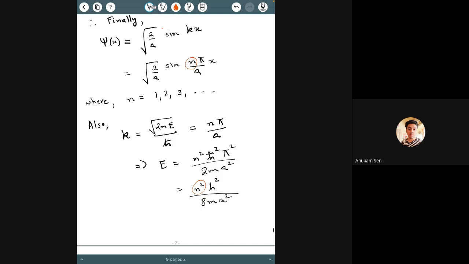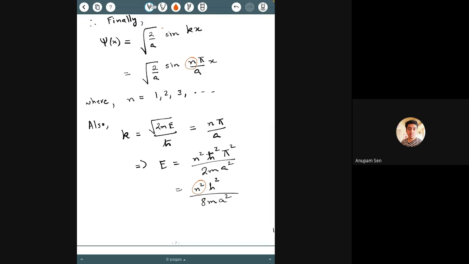Let me talk a little bit about this n. This n is a set of integers, and you have corresponding energies and wave functions, both of which depend on n. If n is equal to 1, you have an energy given by h squared by 8ma squared, and a wave function given by root of 2 by a sine(pi x by a).